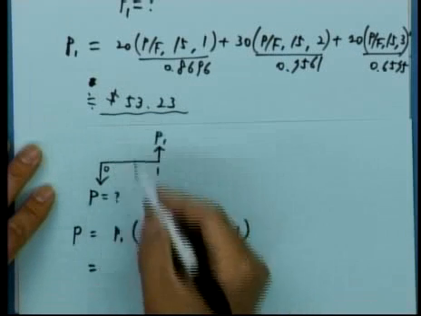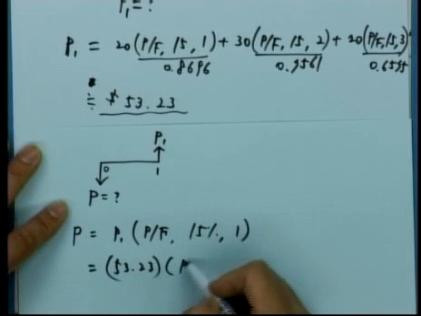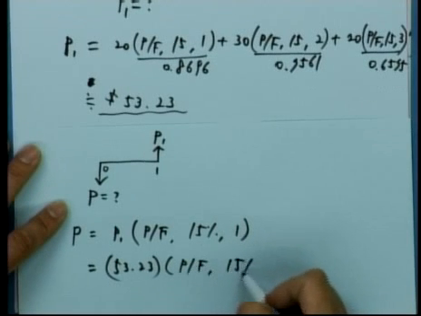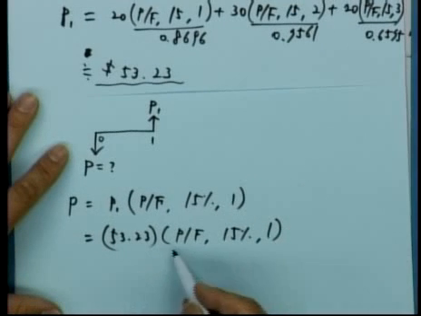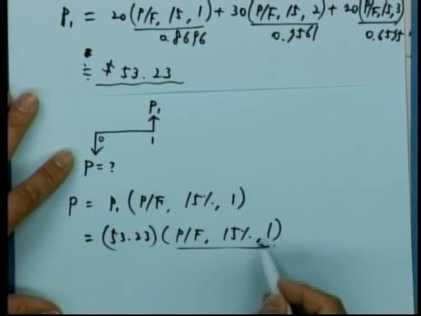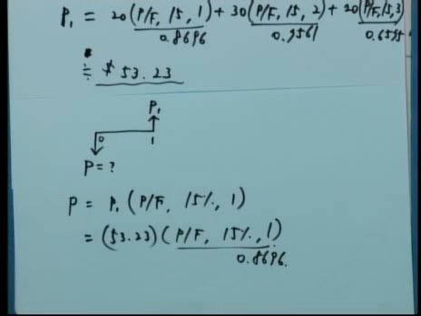So P1 is 53.23, and this factor value is 0.8696.